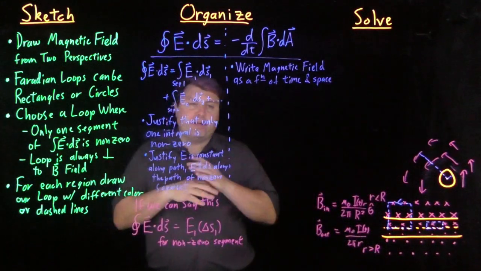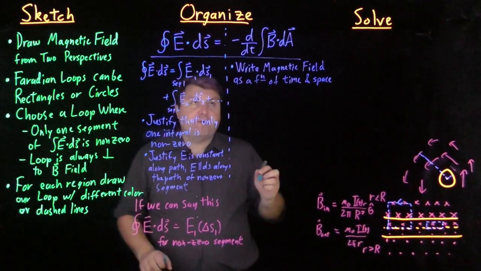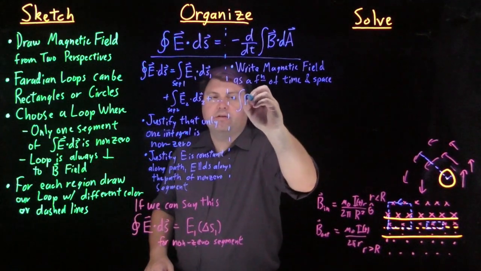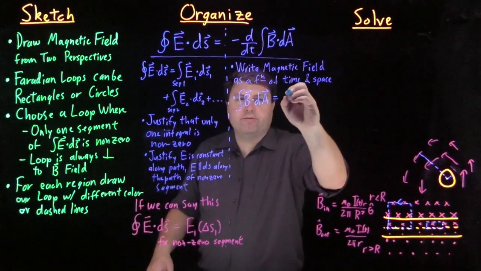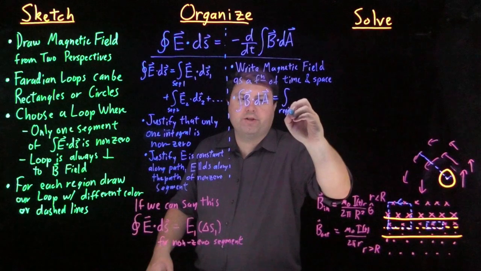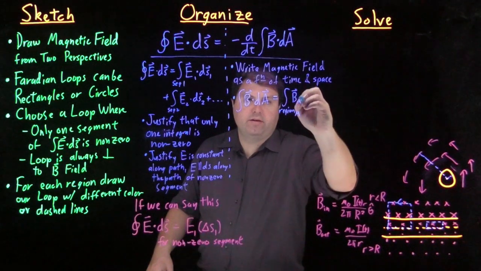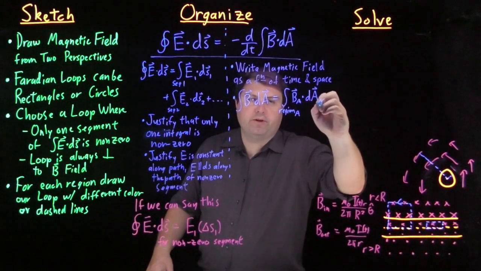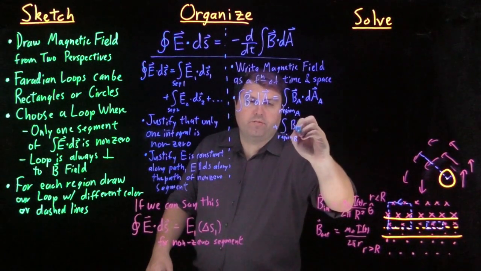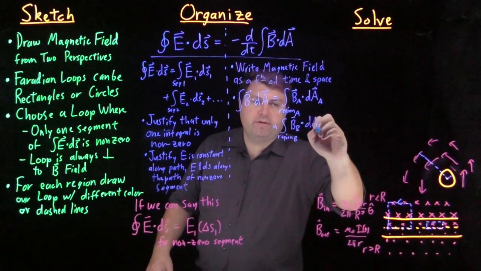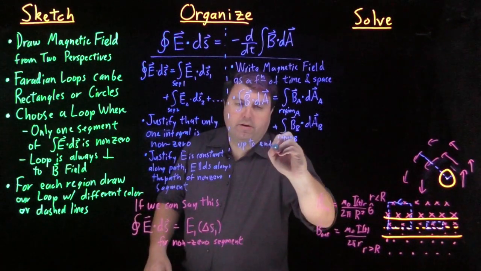If we have a solenoid, it's going to be constant in space, which is always nice, always what we want to deal with first. And then what we have is that our integral of B dot dA is equal to our integral over region 1, or region A, of the magnetic field of A, so that might be in, dotted with dA of region A, plus the integral over region B of B sub B, dotted with dA of B, up to the end of the loop.